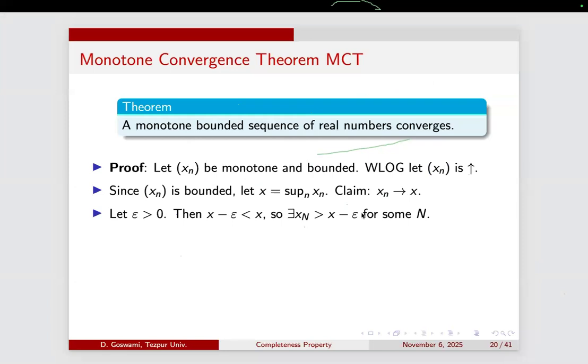So first of all, observe that X is the supremum, so X minus epsilon is no longer an upper bound. So I should have some element, right? That's a simple idea. Precisely the characterization of supremum.